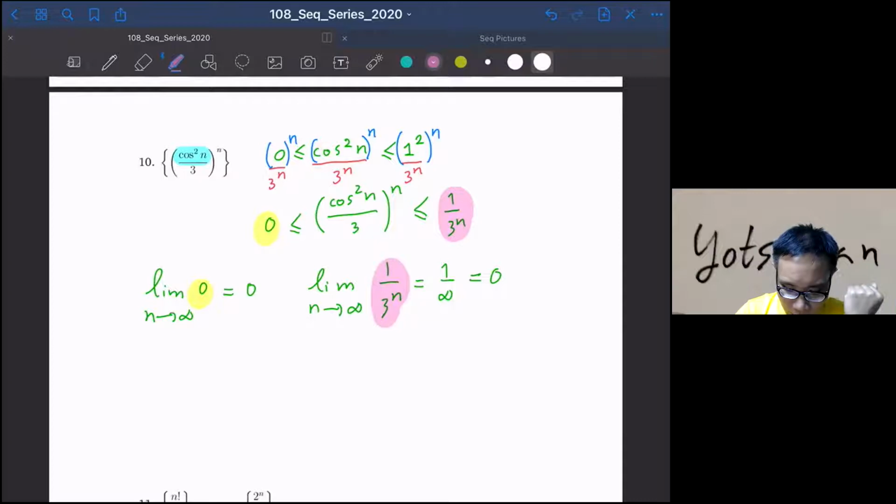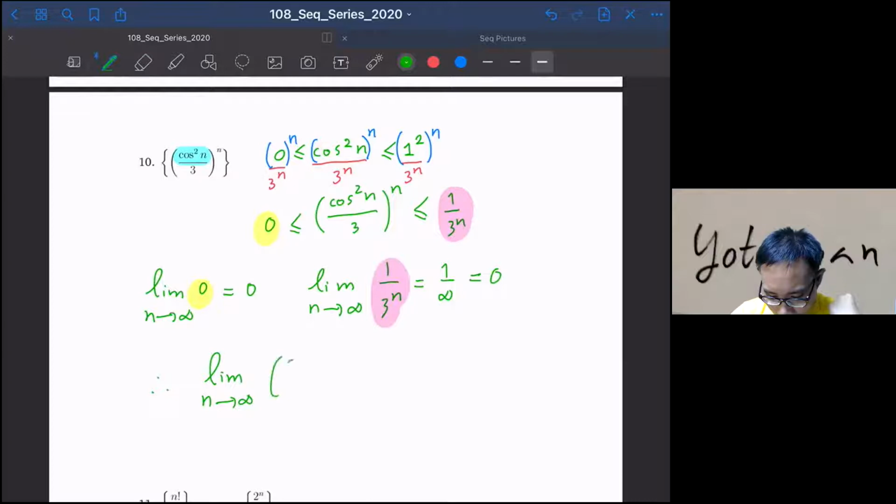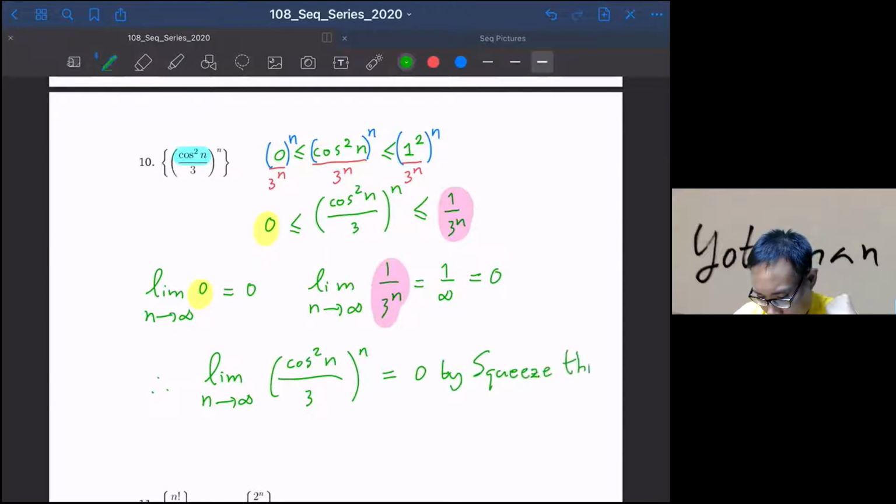So the limit of the middle guy that you're looking for turns out to be 0 as well. So cosine squared n over 3 to the n equals 0 by the Squeeze theorem. That's how we write down the solution correctly.